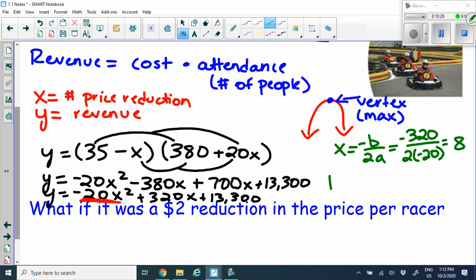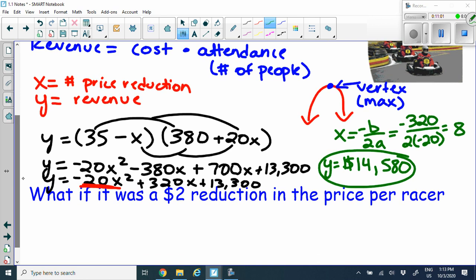So we plug 8 into our equation of negative 20x squared plus 320x plus 13,300, okay? If we plug our 8 into there, how much money will we make? We will make $14,580. Okay. So we decrease by $8. That's basically our max revenue that we can get. So that kind of helps out.